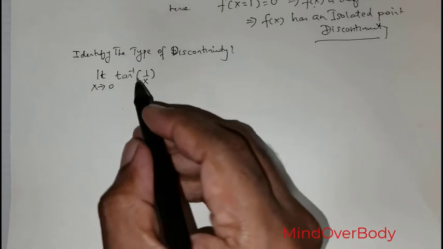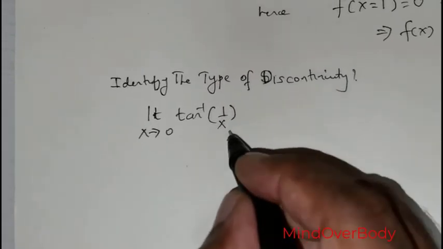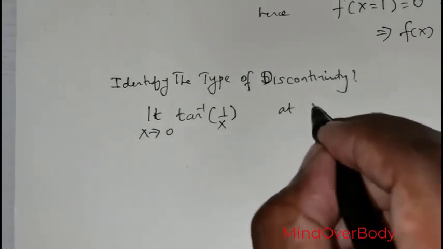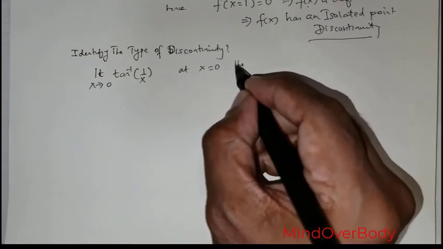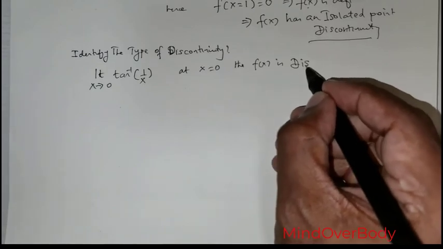So students, we are given this question, we are expected to identify the type of discontinuity. Now on observation, you can clearly see that at x is equal to 0, the function is discontinuous.